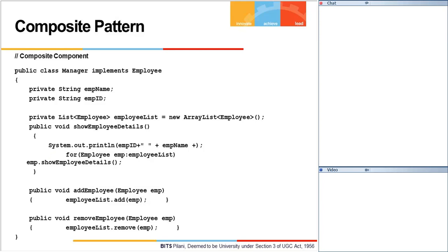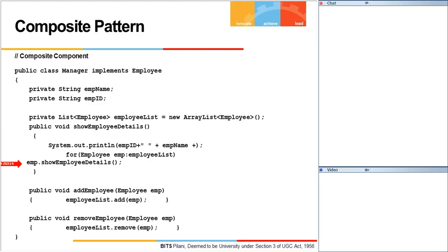I'll repeat here again. In this show employee details method, which is implemented by my composite component class, which is manager in this case, it first provides the same implementation as the atomic object class was doing, and then it loops over all the objects that it is composed of and invokes the show employee details method for all those objects which are a part of or inside this particular composite component.